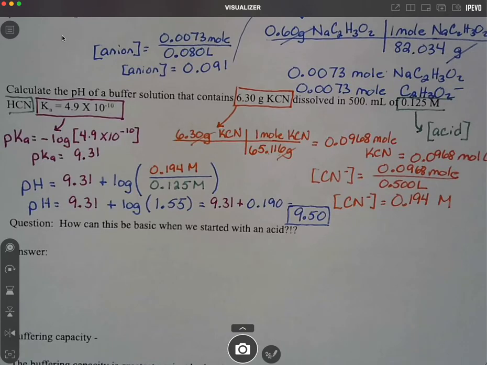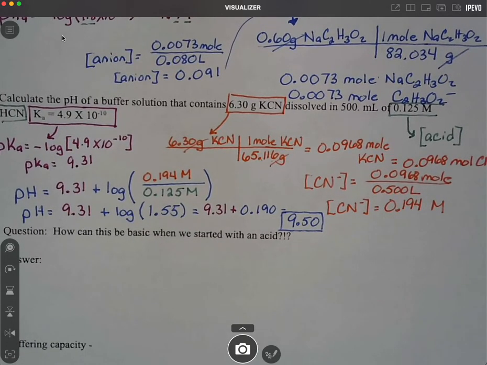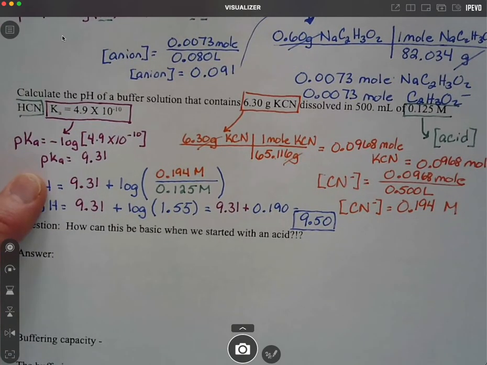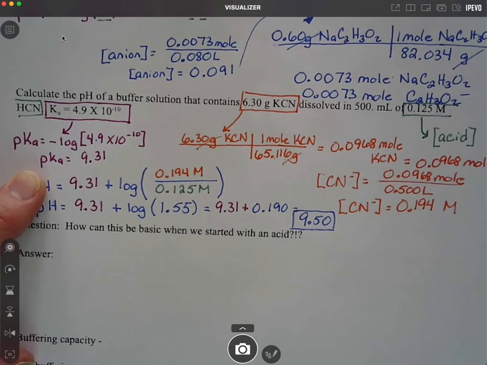I got 9.5. Did I do good? Okay. So barring no atrocious math errors. And you'll notice how I did the work kind of in little chunks. Like I went looking at everything in the problem and decided what was it going to get me. That being told the Ka was for the purpose of getting the pKa. And so I did that little piece.